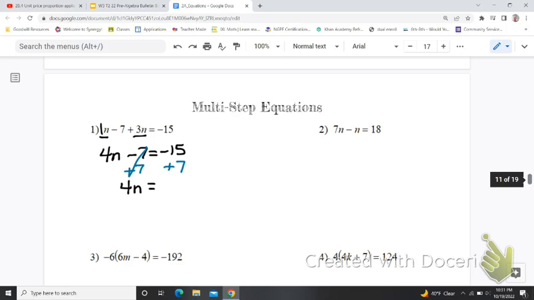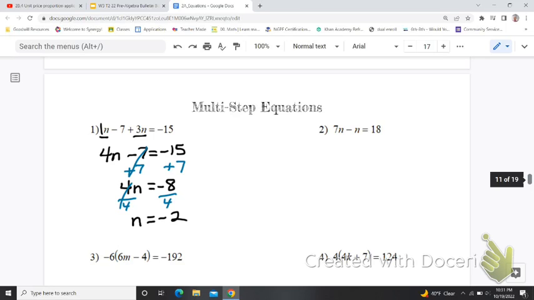So negative 15 plus 7, they're different signs, so I subtract. The bigger one is negative. Now we'll divide both sides by 4. So n is equal to negative 2.